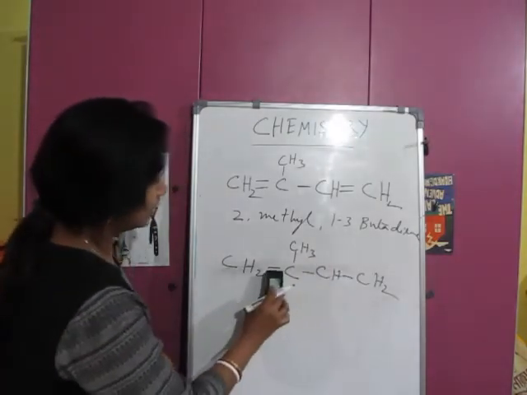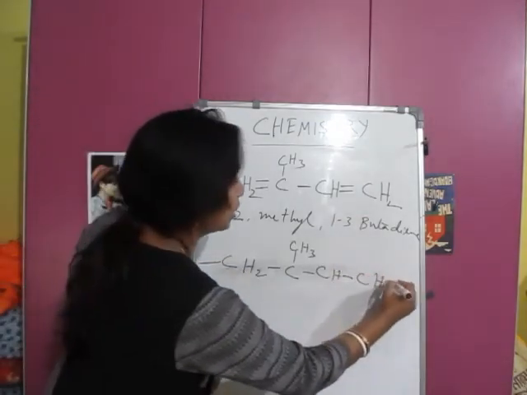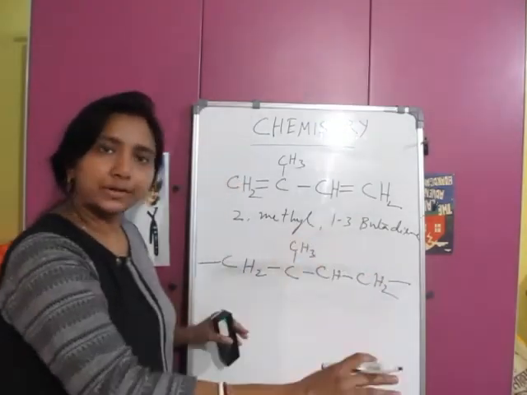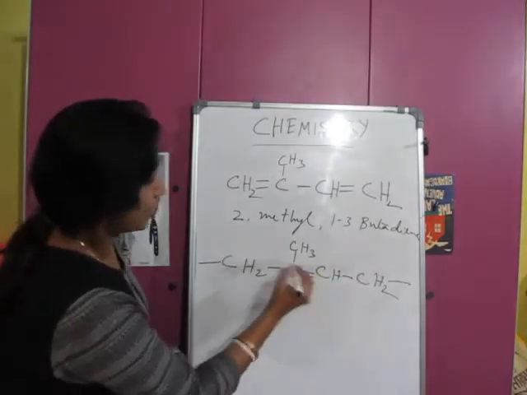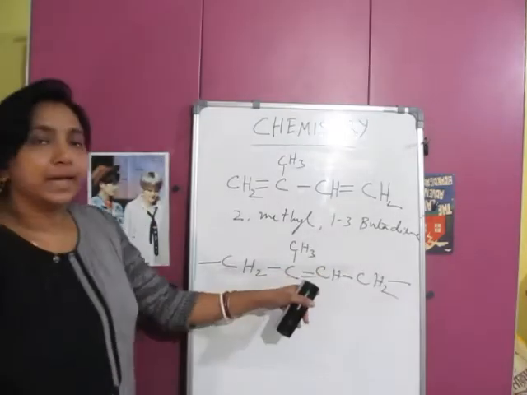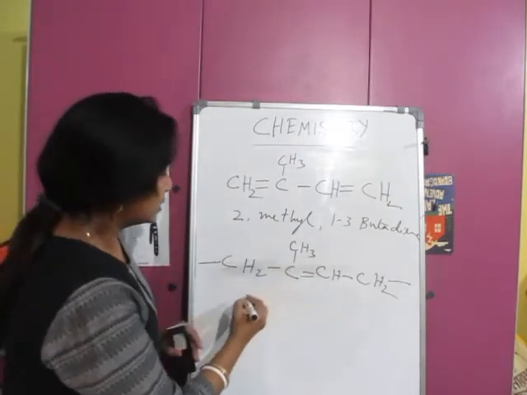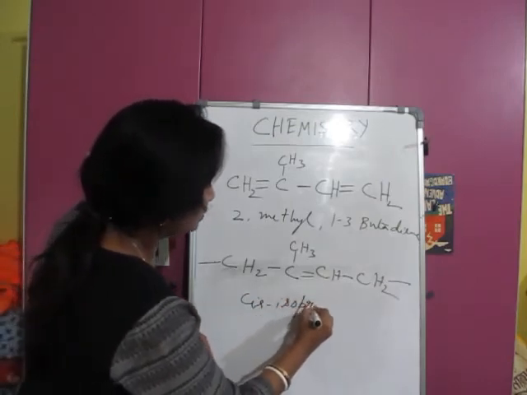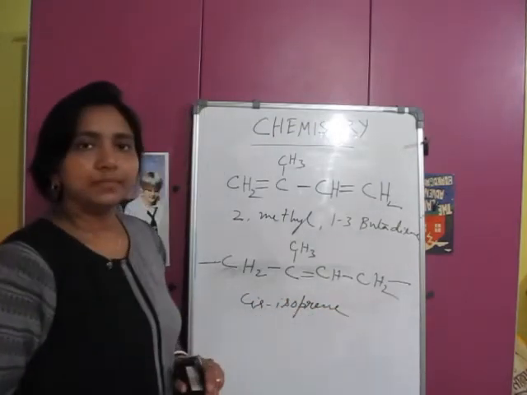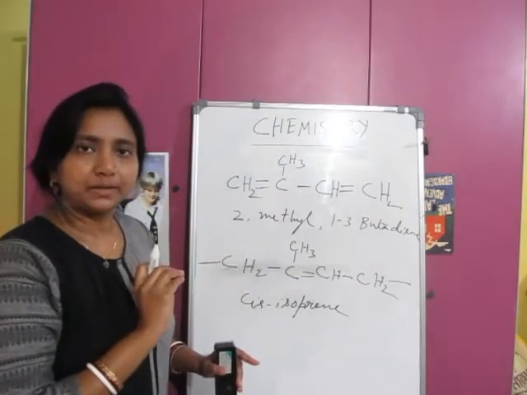Then this carbon will have one hand, this carbon also will have a hand on the outer side, and these two carbons will combine, that means they will make another bond. So this one is called cis isoprene. Cis isoprene is the repeating unit.